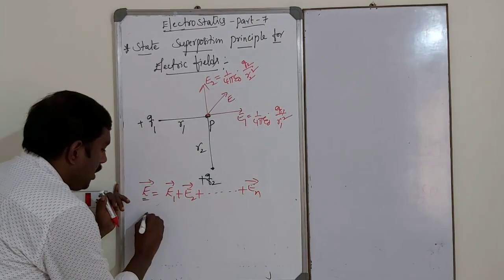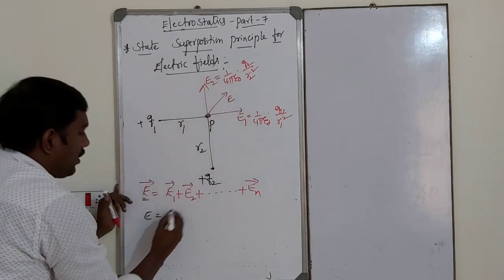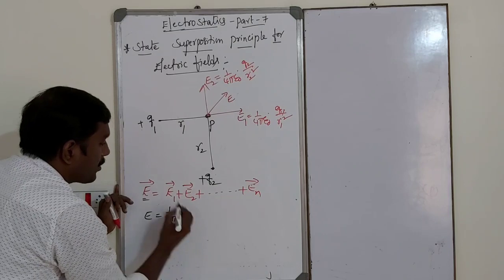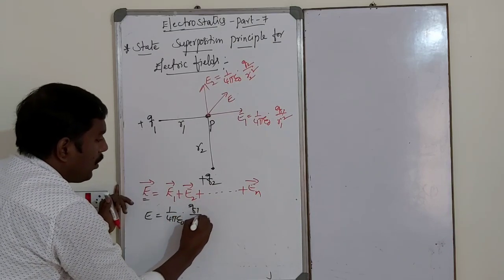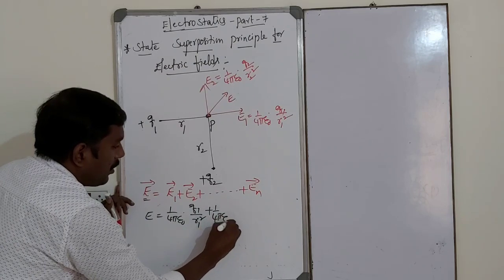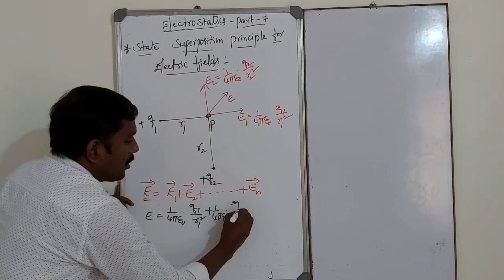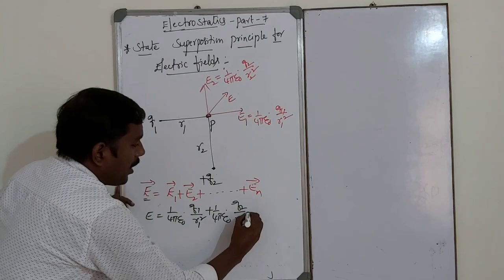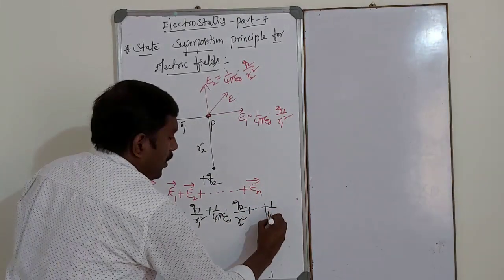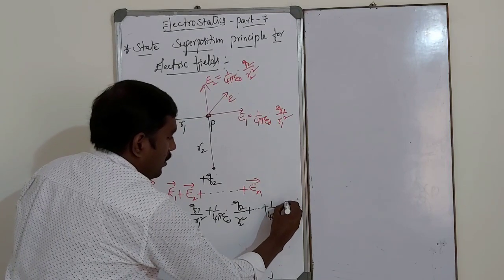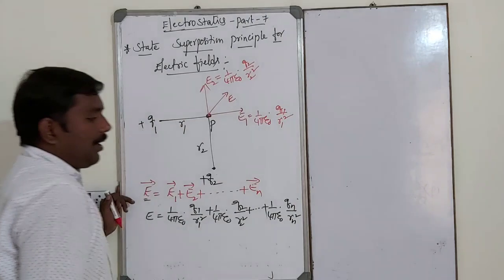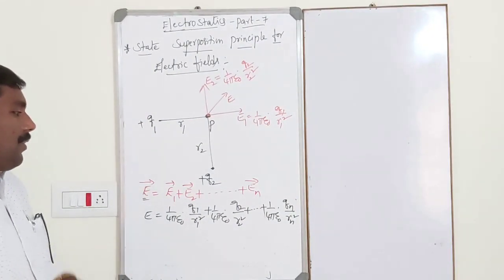So E is equal to... what is the value of E1? 1 over 4 pi epsilon naught Q1 by R1 square. Similarly, E2 is 1 over 4 pi epsilon naught Q2 by R2 square, plus and so on, plus En, which is 1 over 4 pi epsilon naught Qn by Rn square.